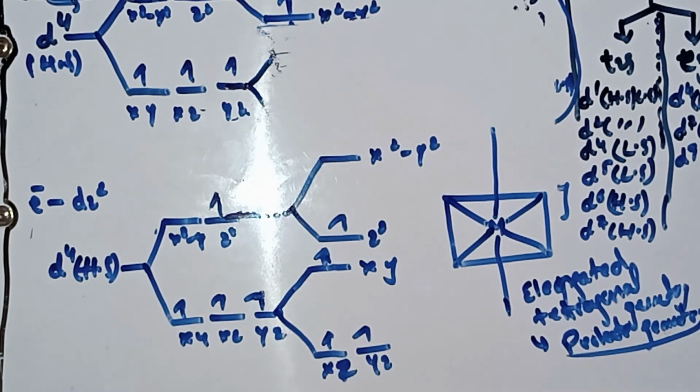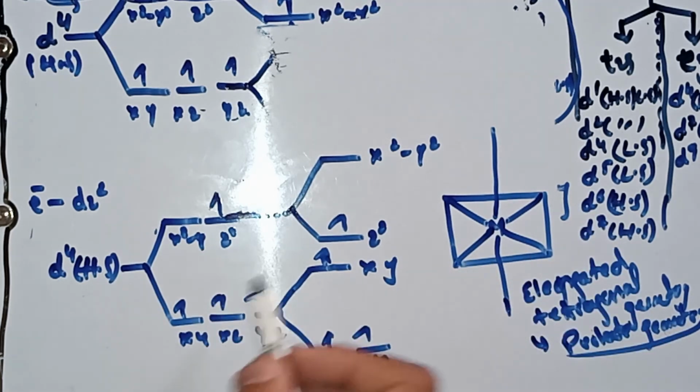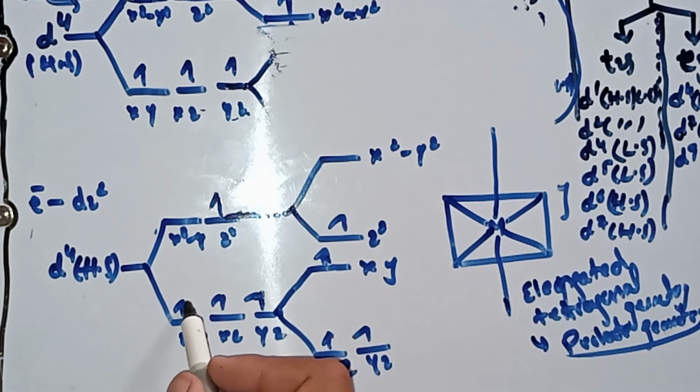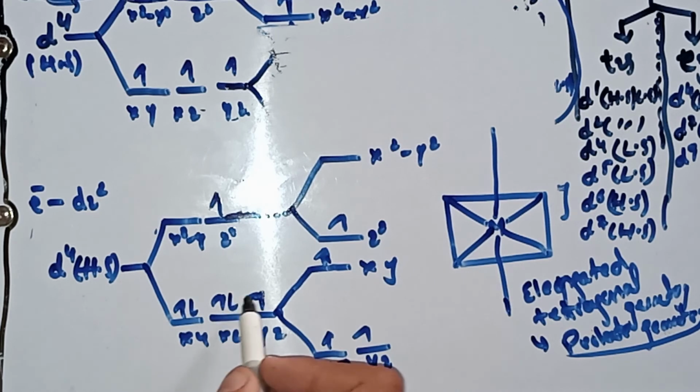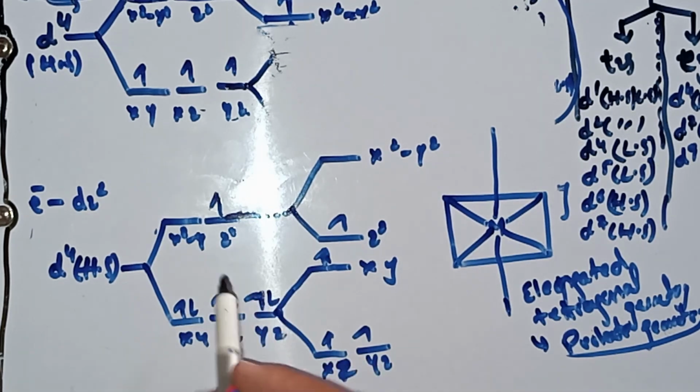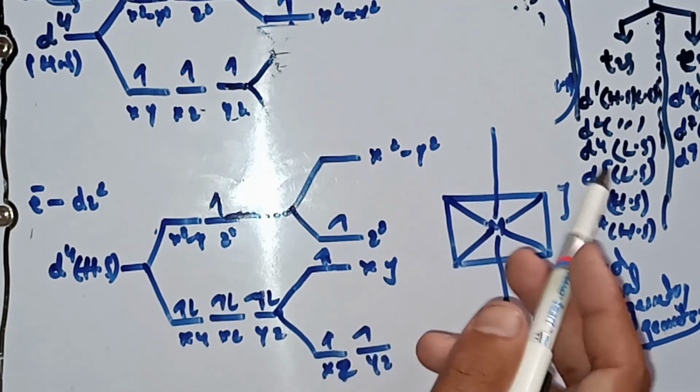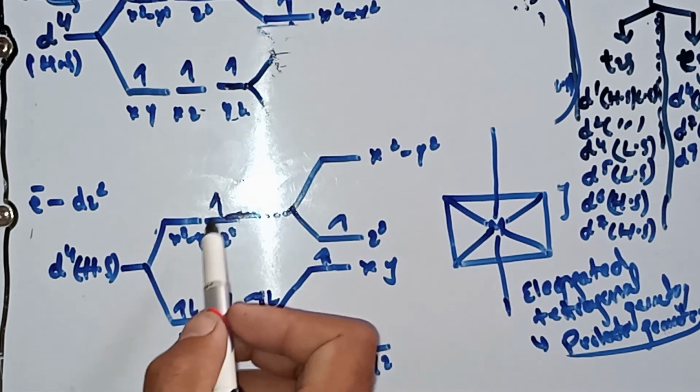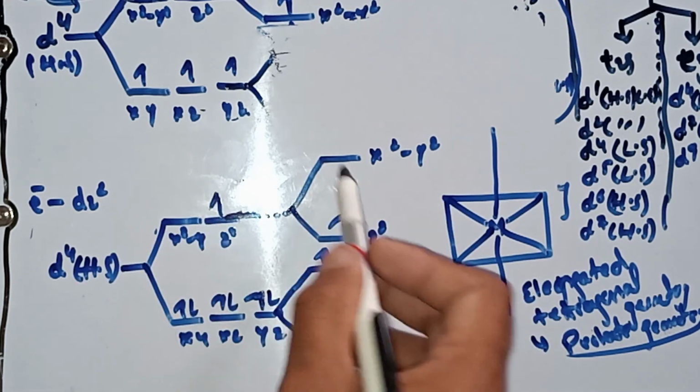Same cases are present in the d7 system and d9 system. Let's suppose in the d7 system, what will happen? When it is low spin, one electron will go here, one electron here, and so pairing will occur. After that, in d7 the electron will go into z square. If it is in z square, then the situation will be like that.